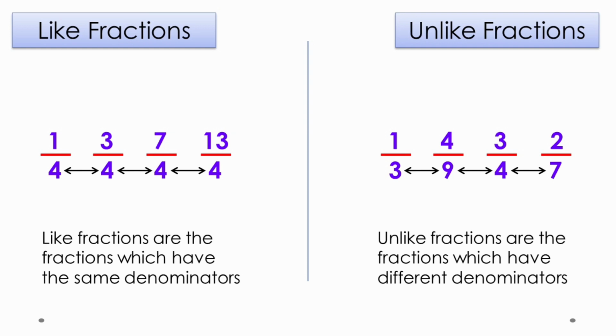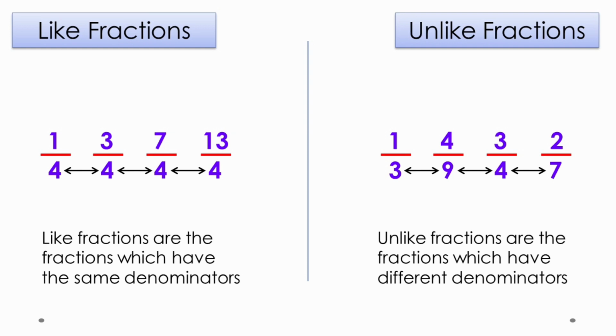The knowledge of like and unlike fractions is very important if we need to compare two fractions. Because for comparing fractions, it is necessary for the fractions to have the same denominator, or in other words, they should be like fractions.